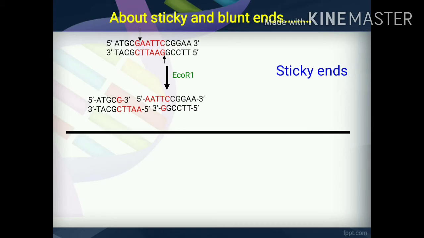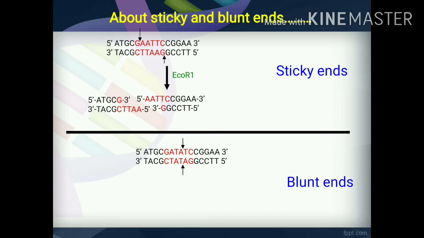Now what about blunt ends? Here you can see that at the same opposite locations they bluntly cut without any disturbance, exactly at the same location on both strands, and the sequences get separated. This is known as a blunt end.